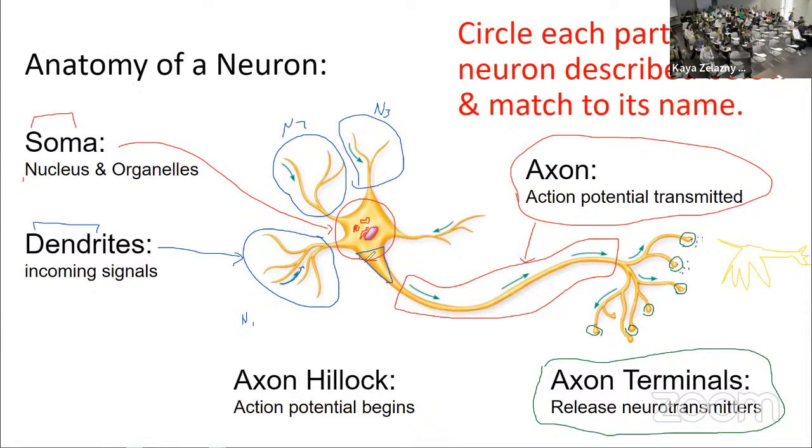And this structure is going to be important for the initiation, the beginning of that action potential. That axon hillock, like a little hill, we're thinking of this triangle pinching off point as a hill. This is where we're going to either fire off an action potential or stay at rest and not fire off an action potential.